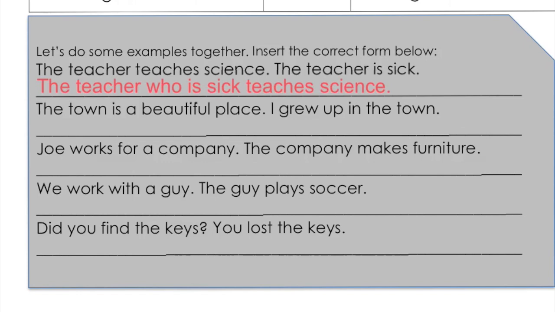So watch carefully. First, we need to start with the beginning of the sentence, and that is the town. So we start the sentence with the town, and next we need to insert that or which. For this one, I'll insert that. Now, how can I connect this sentence to this sentence?